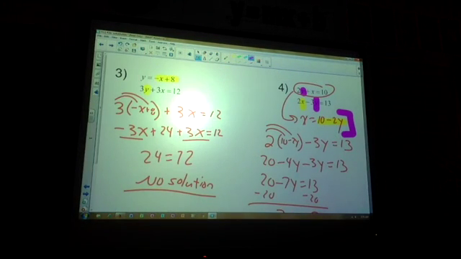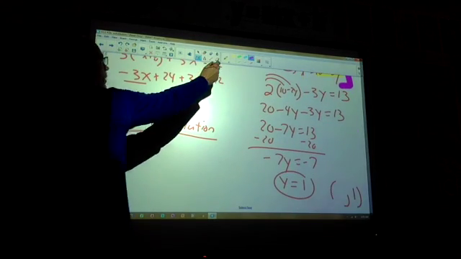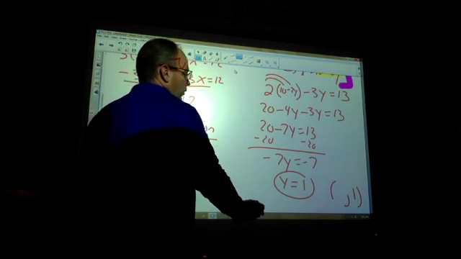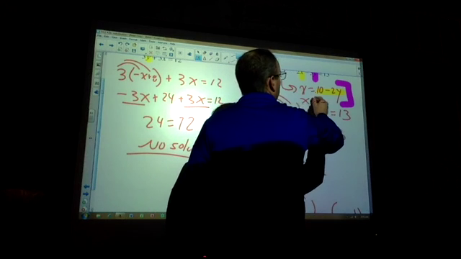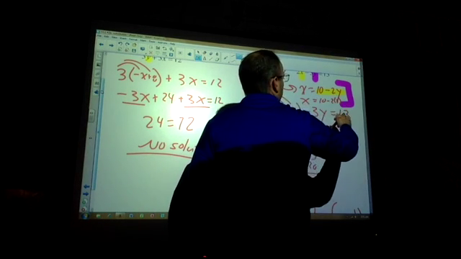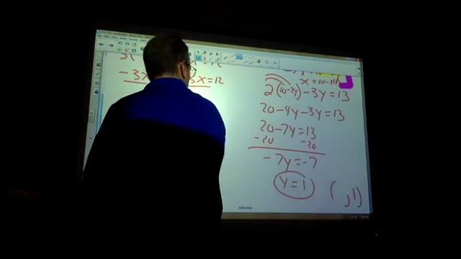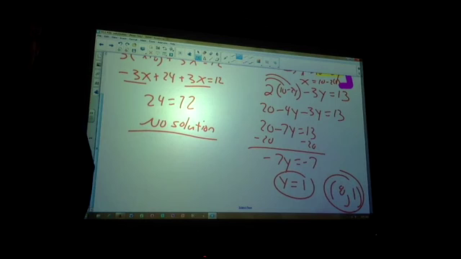Why do you think that works? Because it's already solved for x. So what did y equal? y equals 1. So if I plug 1 in, 10 minus 2 is 8. So my solution is 8, 1. Good?